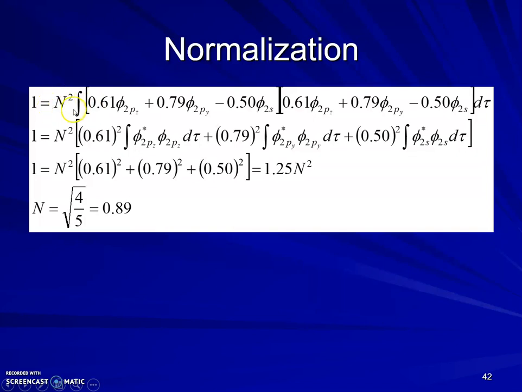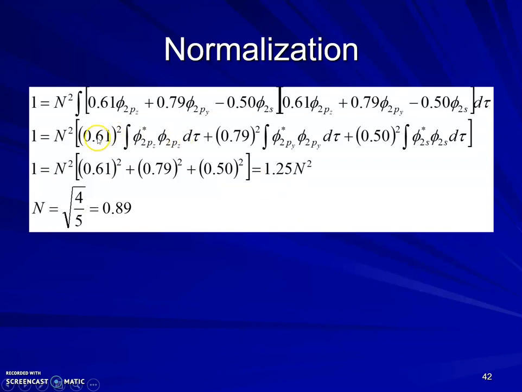So here we have our n squared that we can factor out after we've squared the orbital under the integral. When we FOIL this, we end up with the same situation we did earlier, and that is only 3 terms survive. Only the z times z, the y times y, and the s times s terms survive, because all of the other ones are 0 because of orthogonality.